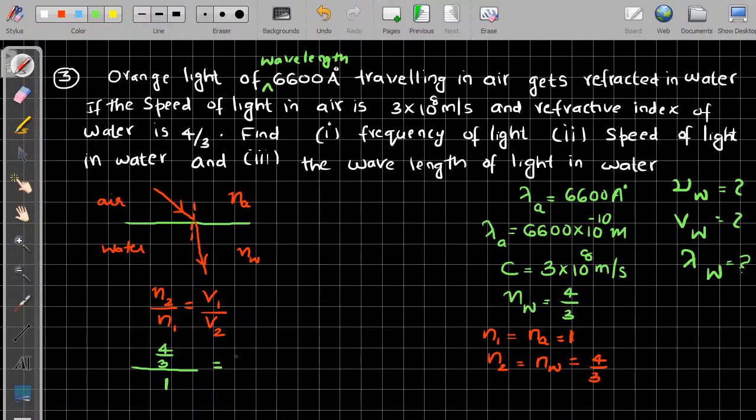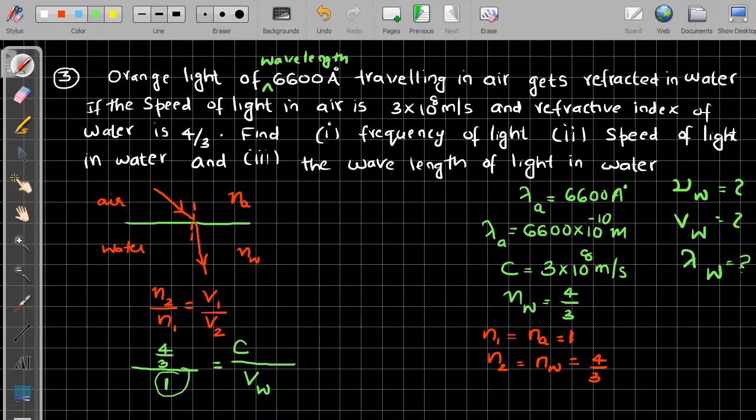That will be equal to the velocity of light in the first medium, which is the velocity of light in vacuum, divided by the second medium velocity, the velocity in water. So 4 by 3 divided by 1 will automatically be 4 by 3 only. Hope you understood why I have written 1 here, because the refractive index of air or vacuum is always 1. You have to remember that.